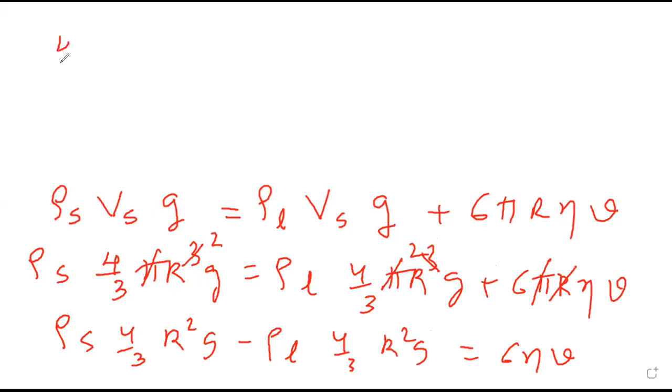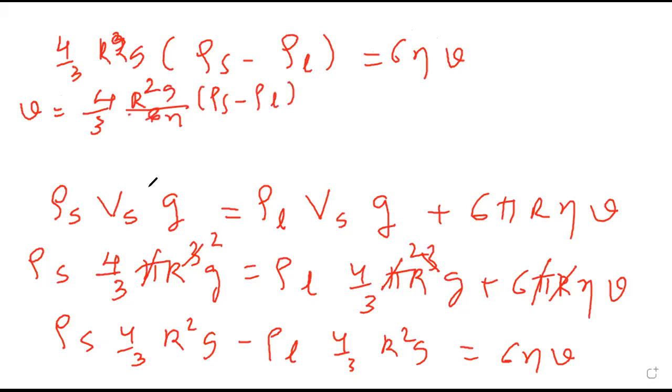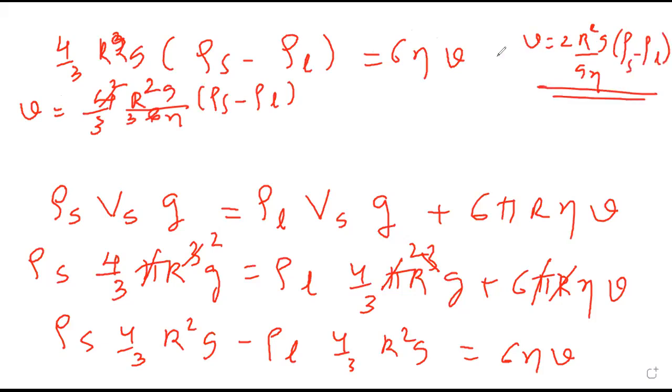Therefore 4 by 3 r square g common, inside rho of solid minus rho of liquid equals 6 times eta into V. So velocity V is 4 by 3 r square g upon 6 eta into rho of solid minus rho of liquid. Two 3s are 6, two 2s are 4. So velocity becomes 2 r square g upon 9 eta times density of solid minus density of liquid. This is the formula for terminal velocity.